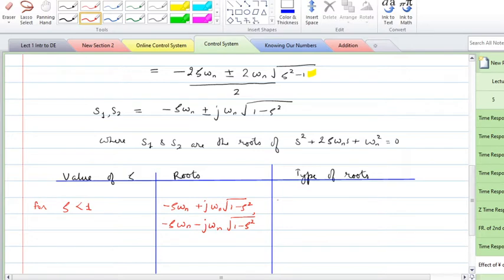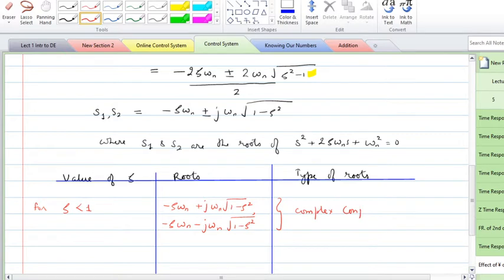It means the roots are complex conjugate. Okay. Second case.